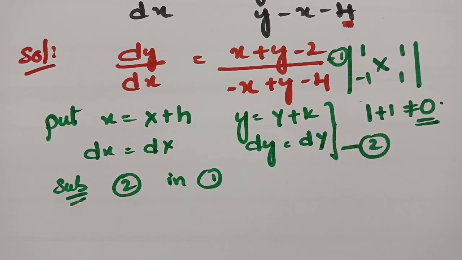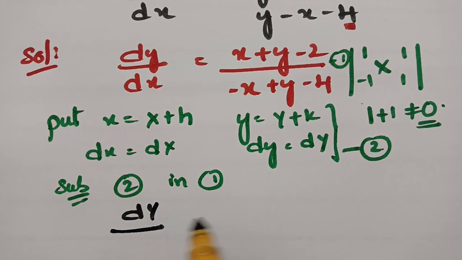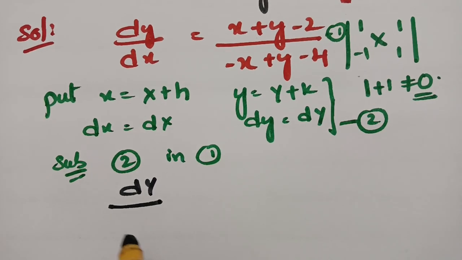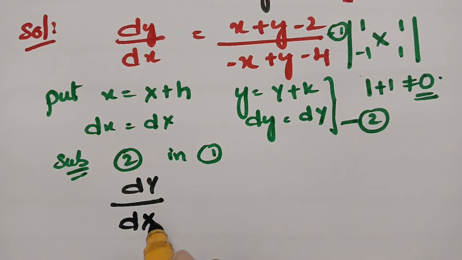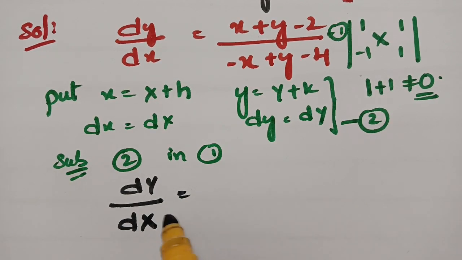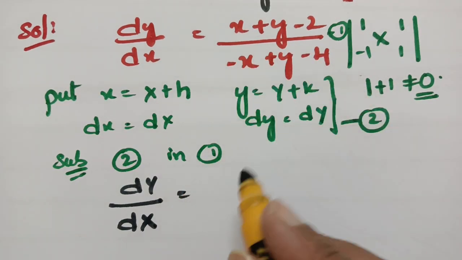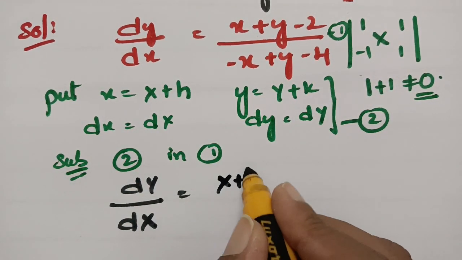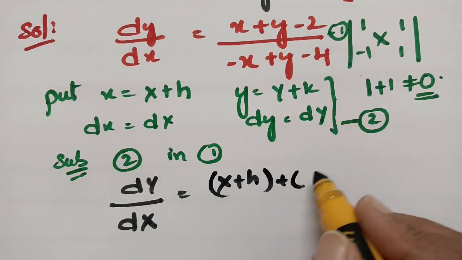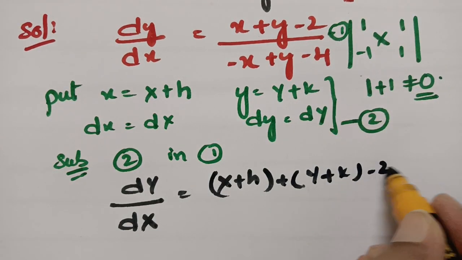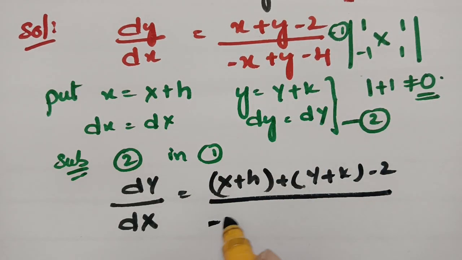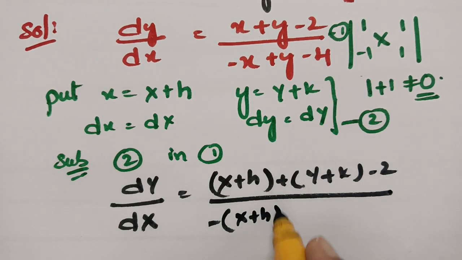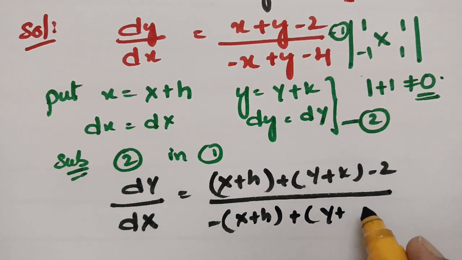See what happens here. dy/dx can be transformed as dY/dX, and small x can be written as capital X plus h, and small y as capital Y plus k, and this is minus 2, divided by minus of (capital X plus h) plus (capital Y plus k), and this is minus 4. Clear?